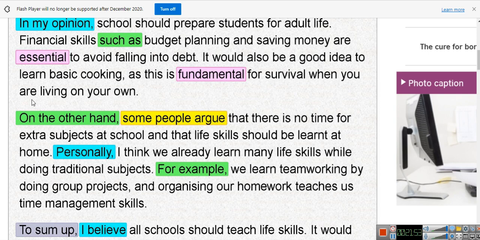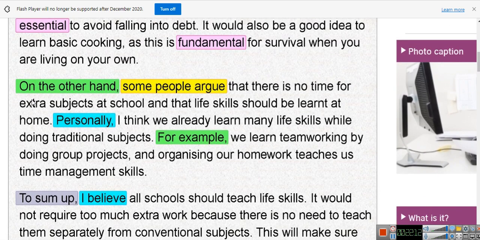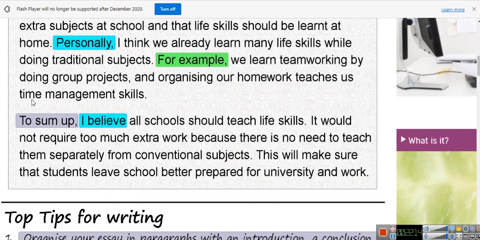Personally, I think we already learn many life skills while doing traditional subjects. For example, we learn teamwork by doing group projects and organizing our homework. Our homework teaches time management skills.